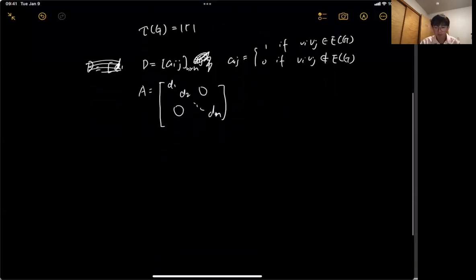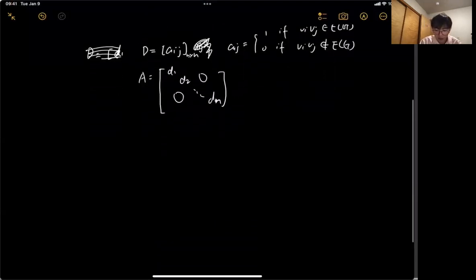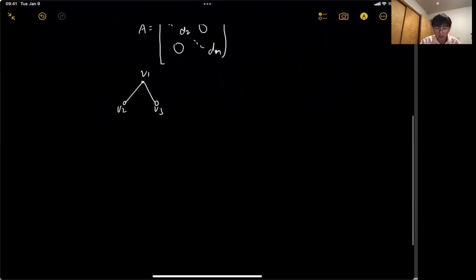Now let's see an example; just one would be enough. Here we have this graph with vertices V1, V2, V3. The adjacency matrix: V1 is not adjacent to itself because we are just talking about a simple graph, so we have 0 on the diagonal.